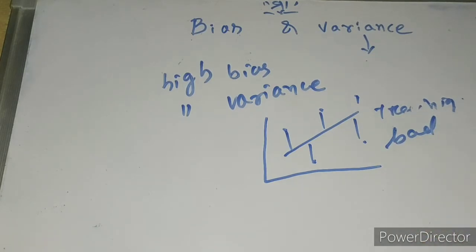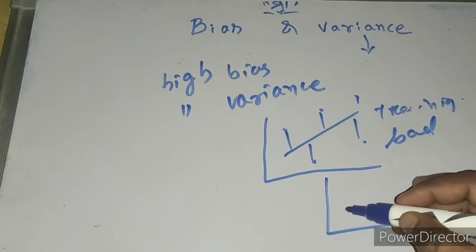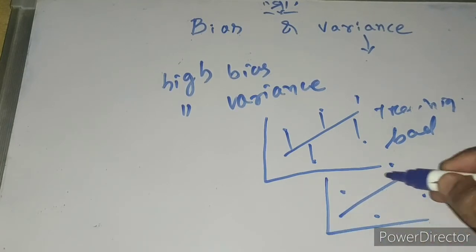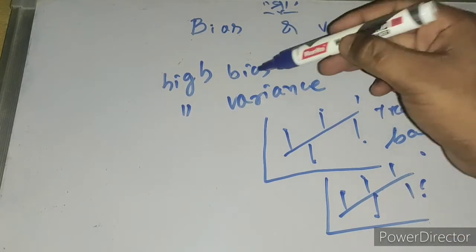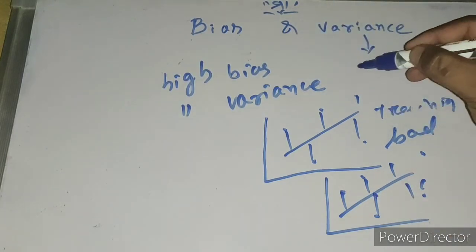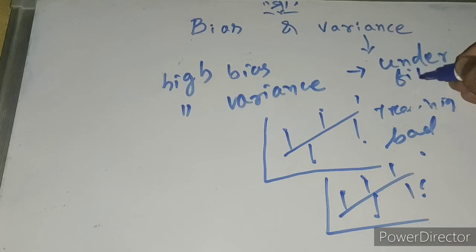So training itself is unsuccessful, so it doesn't fit well in testing also. So here also we are getting high variance. So high bias, high variance can lead to underfitting. This term is known as underfitting. It means neither does it fit in the training set nor in the testing set.